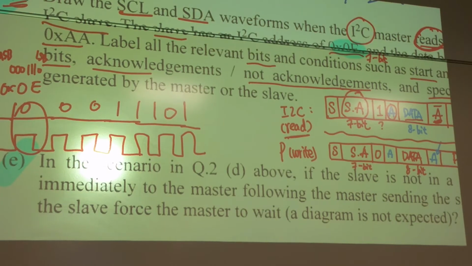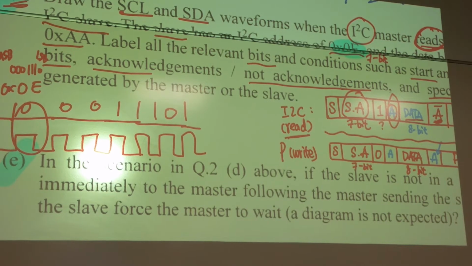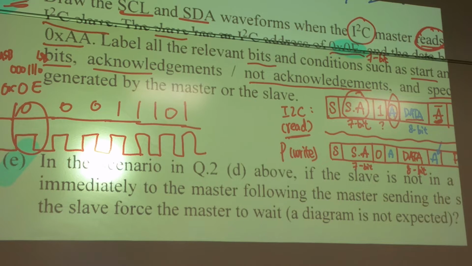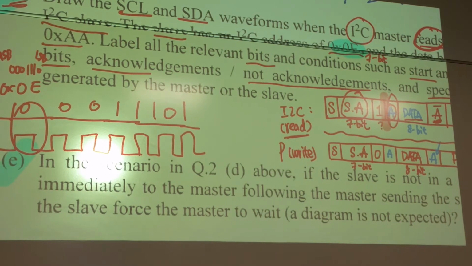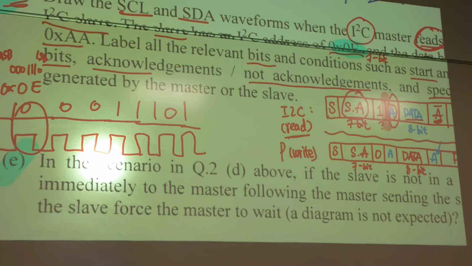The acknowledge. So we are here now. Then the acknowledge. What is a positive acknowledge sent by the slave?